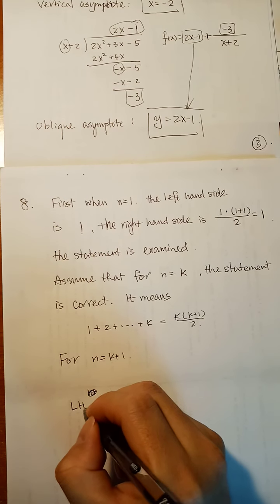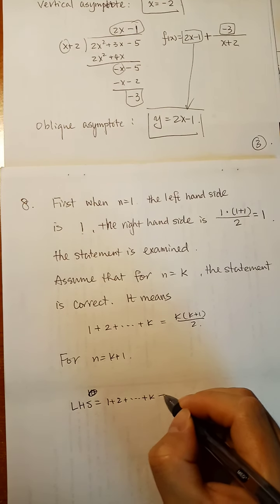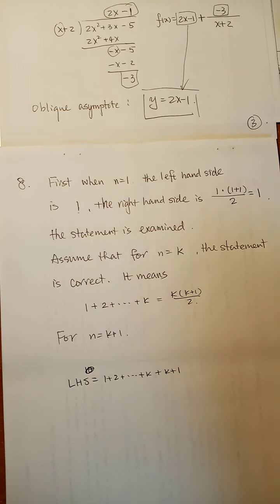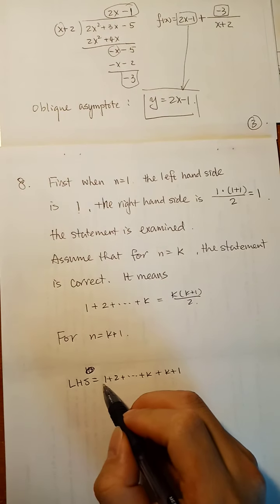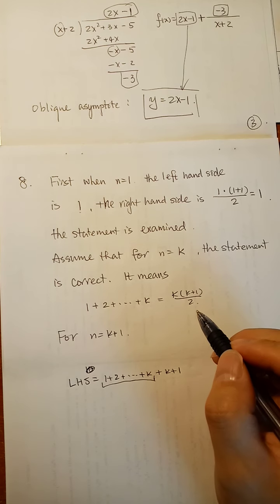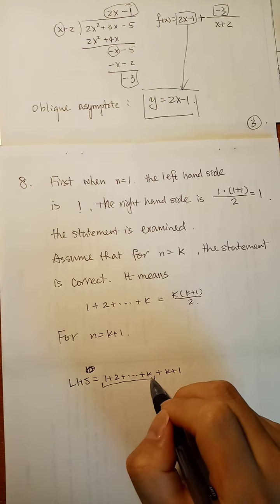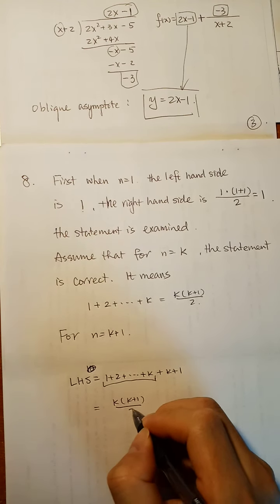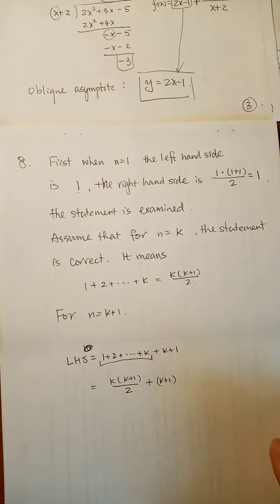The left-hand side is a sum of the first k plus 1 integers. And remember, you already know the information about your first k restaurants, because that is the current situation. The sum from 1 to k is equal to this. And then you add your next term, your next restaurant.